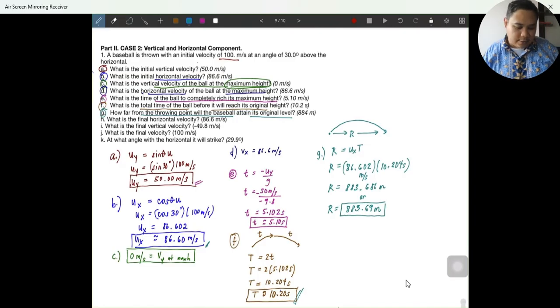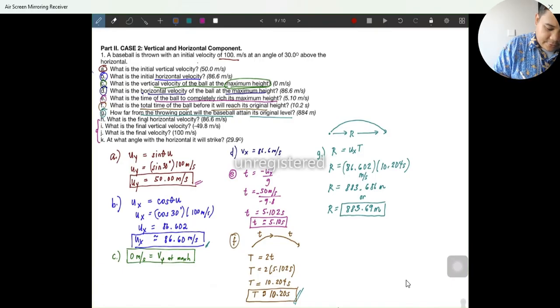Okay, so that would be our range. Now, if you take note for the letter H, I, J, and K, you may compute that with a formula, but what I want to say here is that in the case 2 of the projectile, we're gonna have the same final horizontal velocity, that is still 86.6.